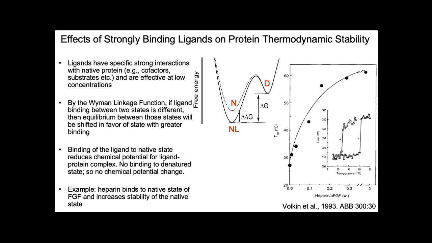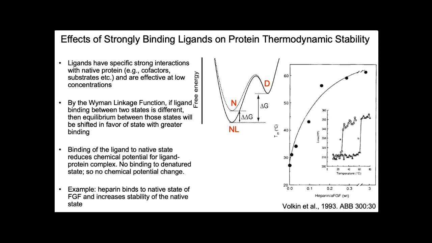In terms of protein stability, you can see here if we have the native protein going to the denatured state, if we add a ligand to the native protein that binds very strongly, the barrier between the native protein and the denatured state goes up a lot because ligand binding to a protein state lowers the free energy. By lowering the free energy of the native state and not the denatured state, we get a much larger barrier between native and denatured state. And this is called the Wyman linkage function.